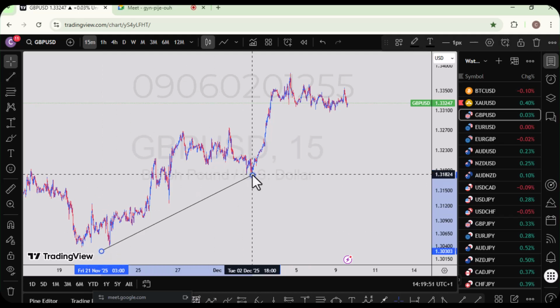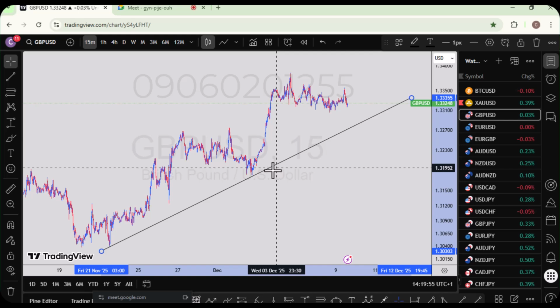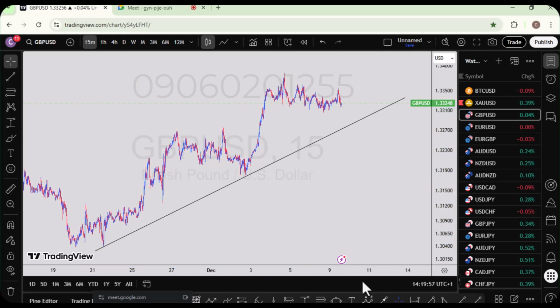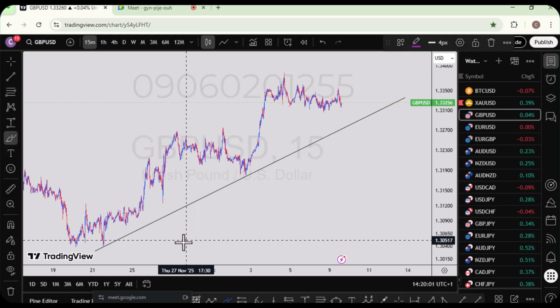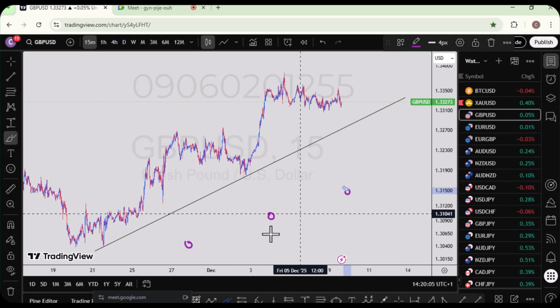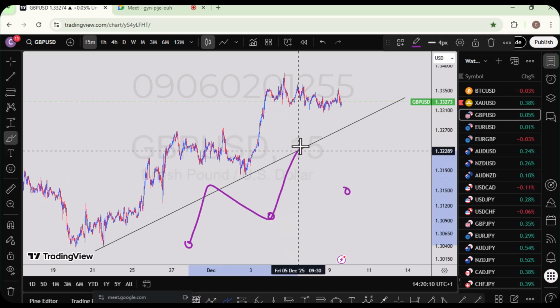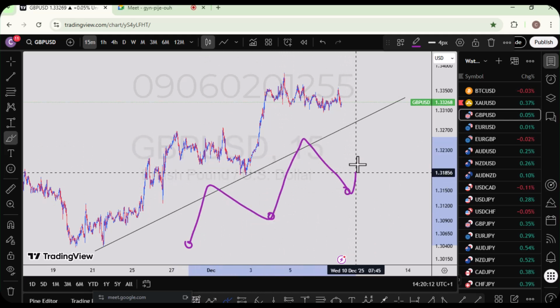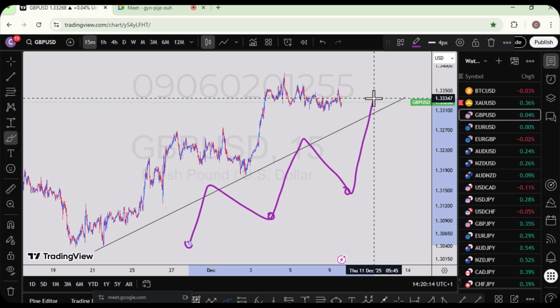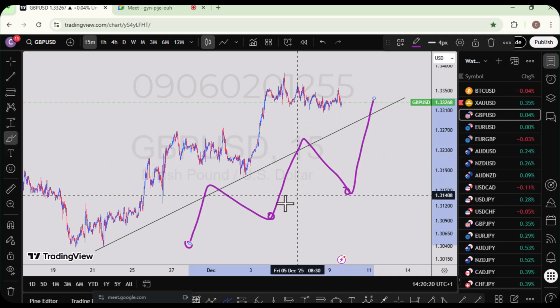Then you do the extension forward. This is not a trend line. This is just a line. Why is this not a trend line? For you to trade a trend line, you need at least 3 successive touches. 1, 2, 3. Price has to go like this, come back like this, go like this, come back like this, go like this. Now, when price goes up, you have to see a minimum of 2 breakout structures.